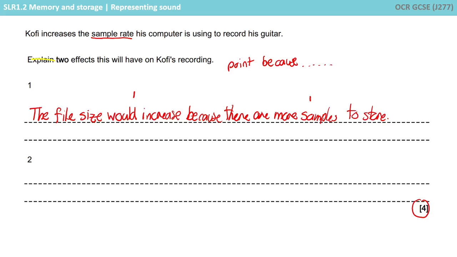What's the next effect? Quality of the recording would improve. There's your 1 mark.